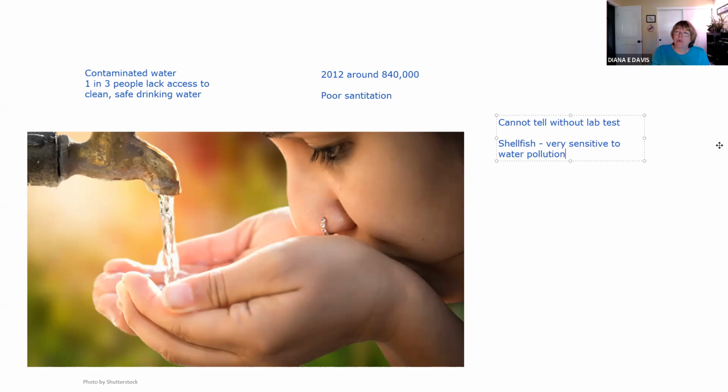So how do we use shellfish? There are two things we can look at. We can look at population levels. We can see if populations are declining or increasing. And we can use sentinel animals. And I've got another slide for that one.